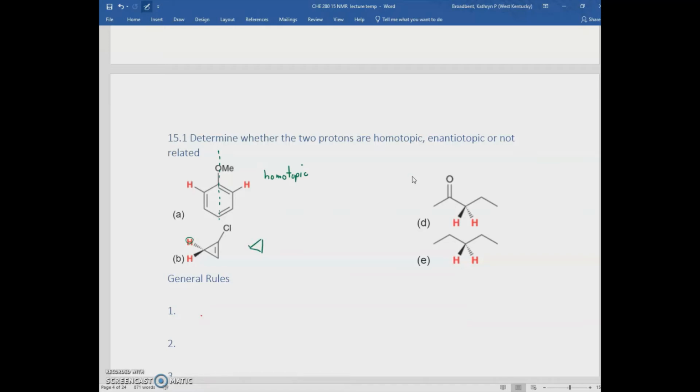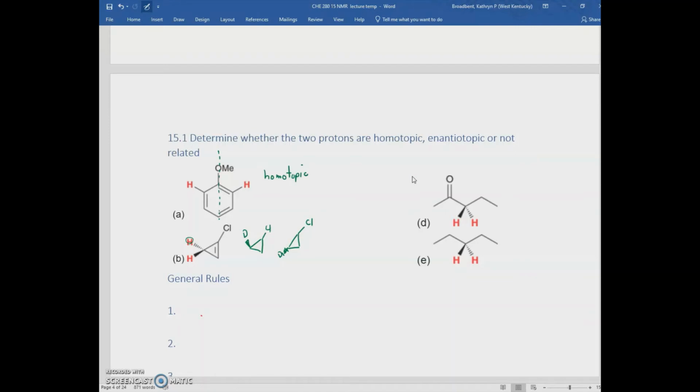We'll get the deuterium up on one of them, and we'll get a deuterium that goes down on the other. And these will be enantiomers, so these will be enantiotopic.